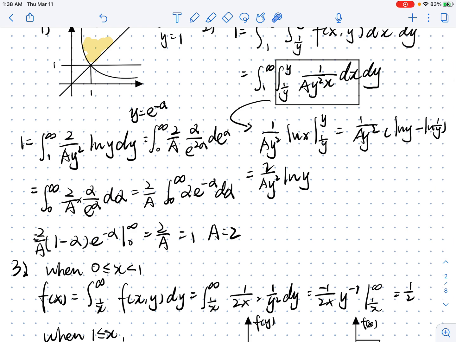After we replace y, we get this item, and when we do the calculation, the result is in this form. The integration of this item is 1 minus alpha multiplied by e to the power of negative alpha. After the calculation, we know that 2 over a is 1, so a is 2.